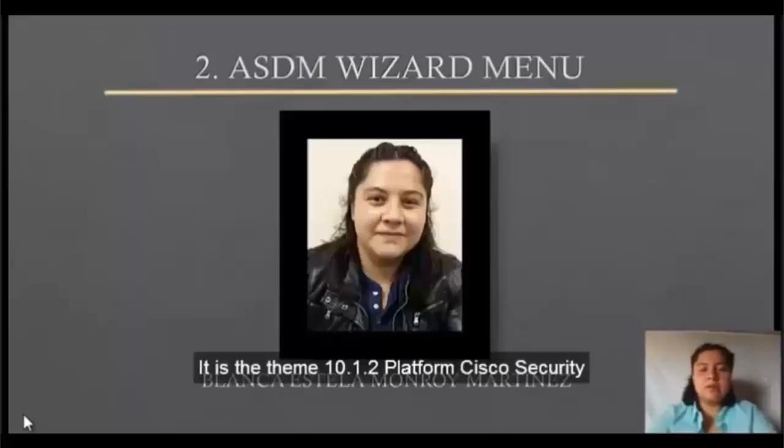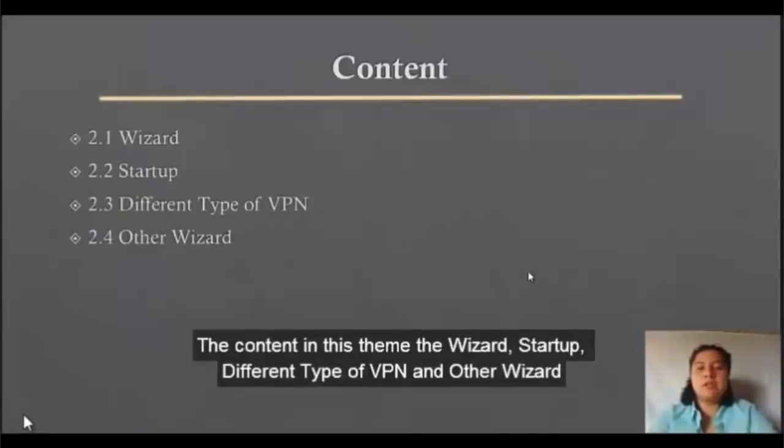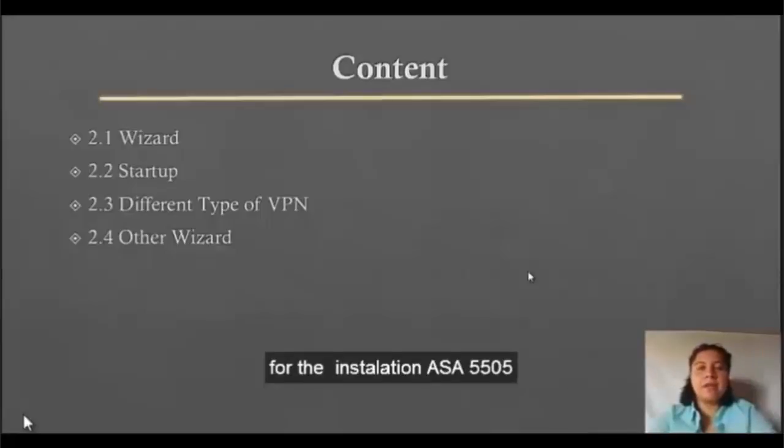It is section 10.1.2 of the Cisco security platform. The content this time is the Startup Wizard, different types of VPN, other wizards, and the installation of the ASA 5505.